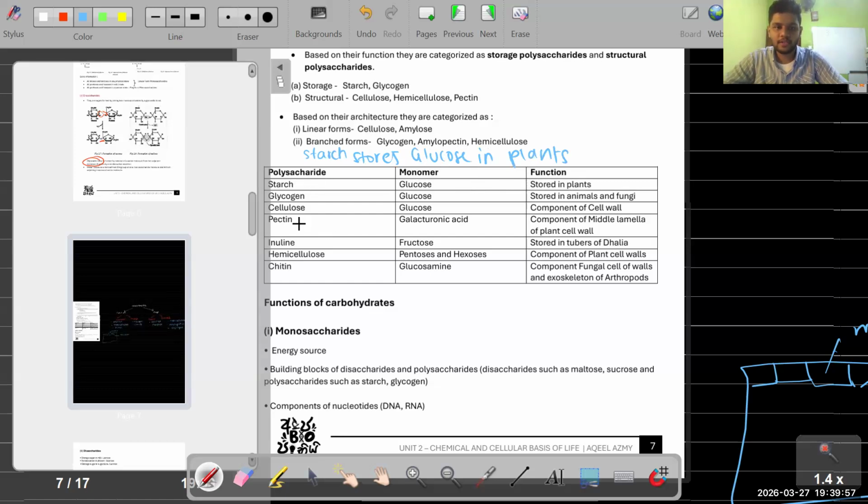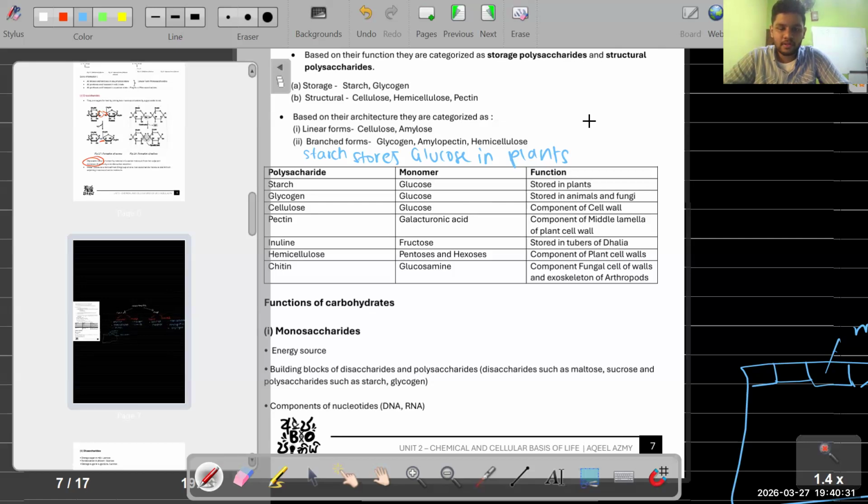So if you go further, you can understand that glycogen monomer is glucose, which means glycogen stores glucose in animals and fungi. That's the thing, right? Just drop a message. Is it clear? Students, is it clear? It's clear, right?